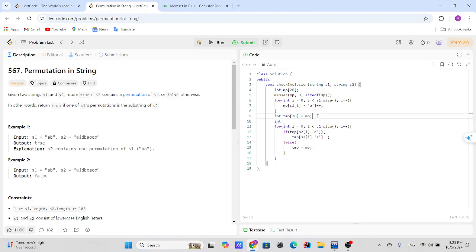An int size, size plus plus. Size will be equal to s1.size().